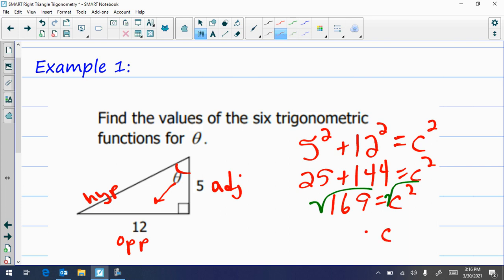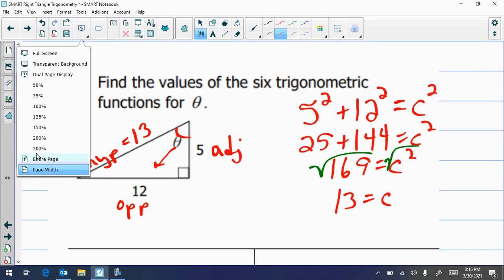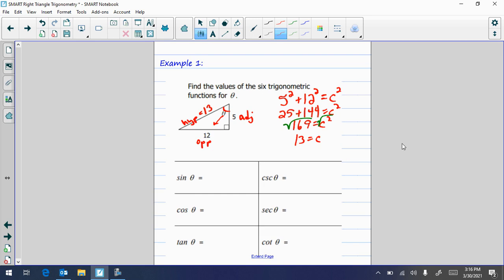Again, I don't do plus or minus because this is a length, and length is always positive. 5, 12, 13 is one of our Pythagorean triplets. So when I saw that 5, 12, I already knew the hypotenuse was 13, but I wanted to show it to you there. Okay, so this is what I'm going to use to find my 6 trig functions.